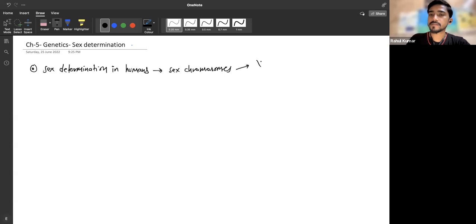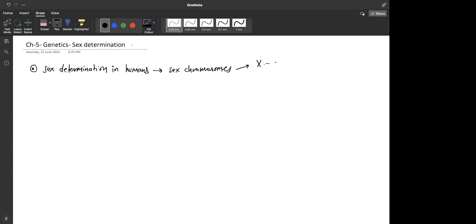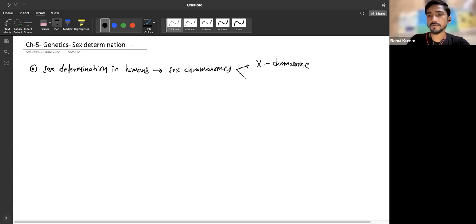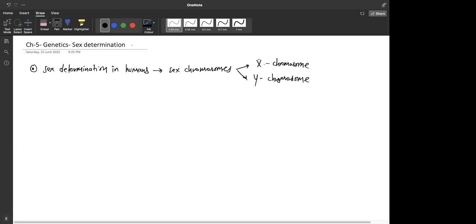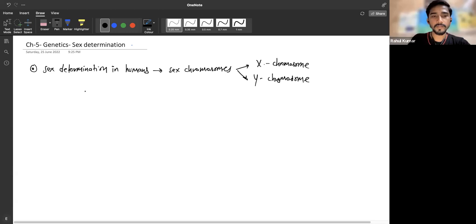There can either be an X chromosome or a Y. Is there any third one? I don't think so. Yeah, there are 2. And the combination is, if there is XX, it is a female, right?